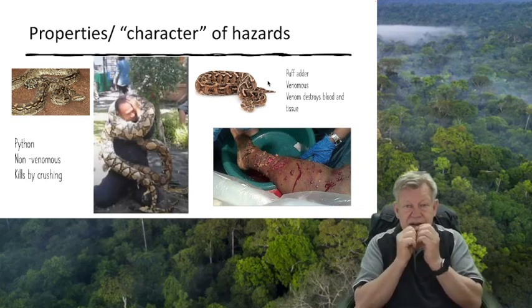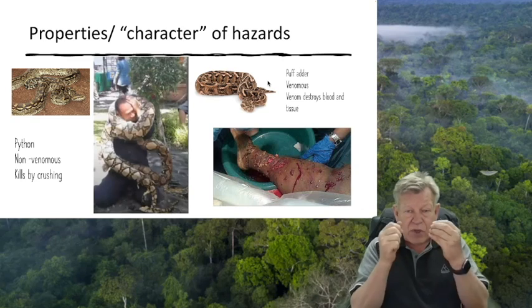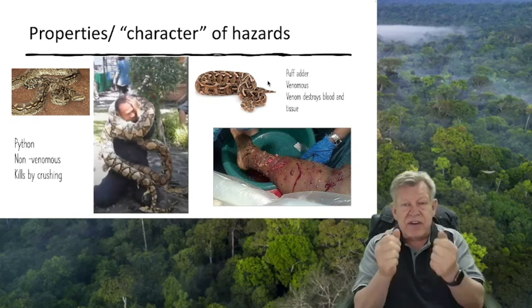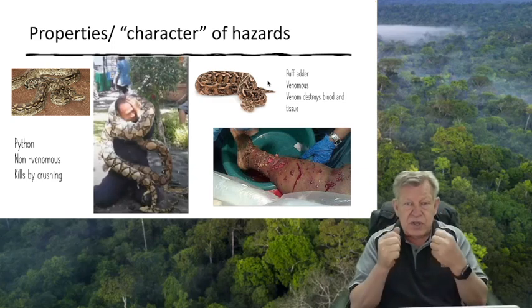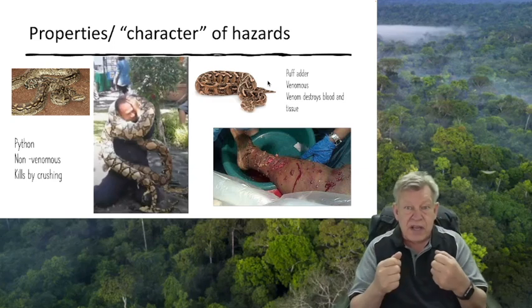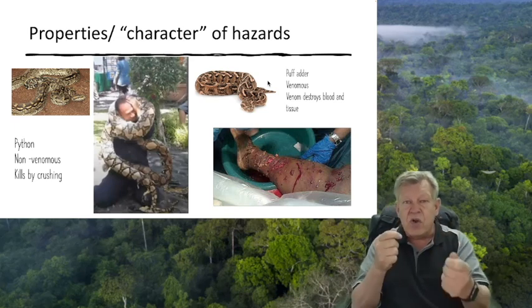Two snakes, but two very different characters, and the way that they will hurt you is very different. If somebody gets hurt or if you are exposed to these snakes, I need to treat you accordingly.